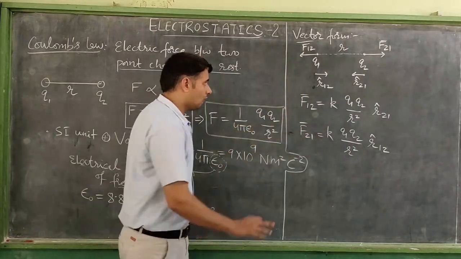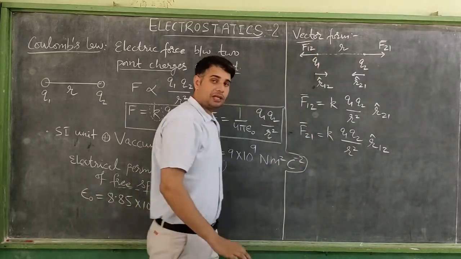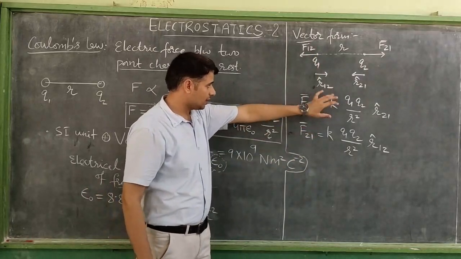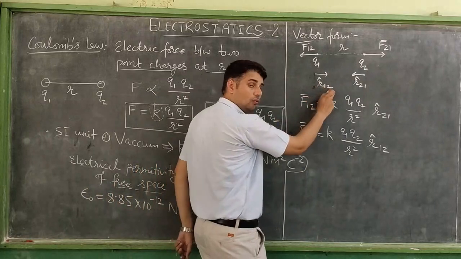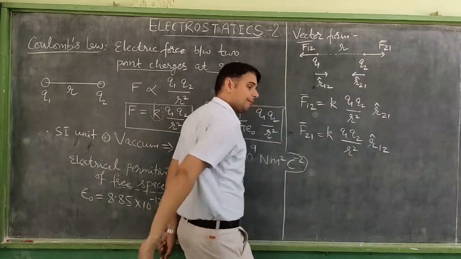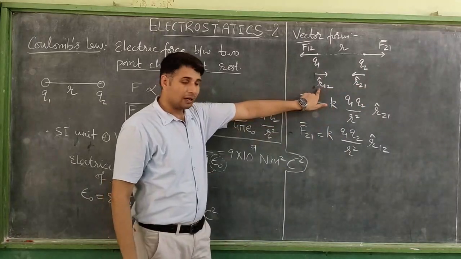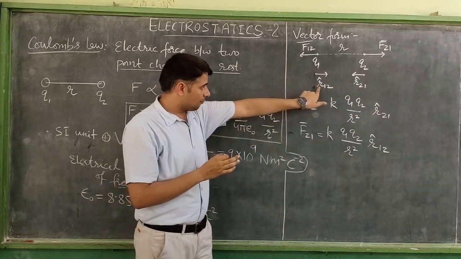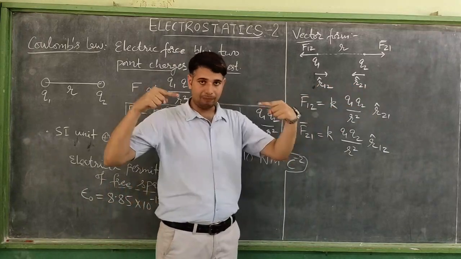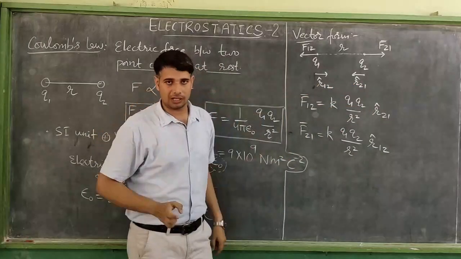Now from the diagram itself, if we compare R12 cap and R21 cap, what we are getting is that both these directions are simply opposite to each other.